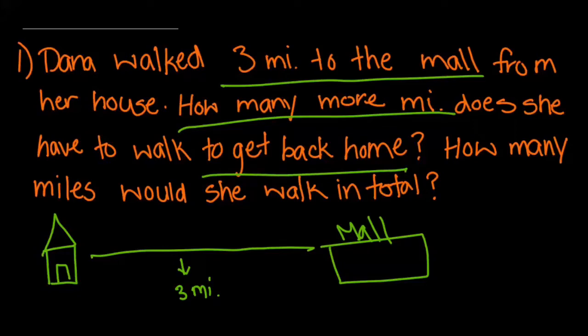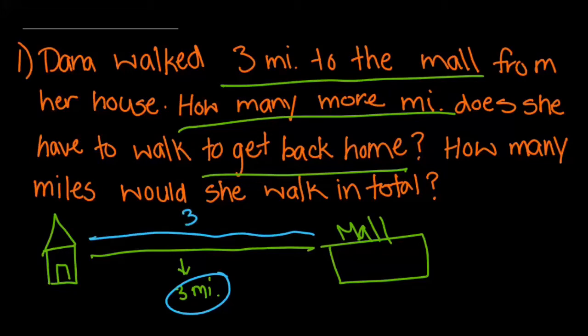So that basically means if it took her 3 miles to go to the mall from her house, it's the same distance when she's going back to her house from the mall.